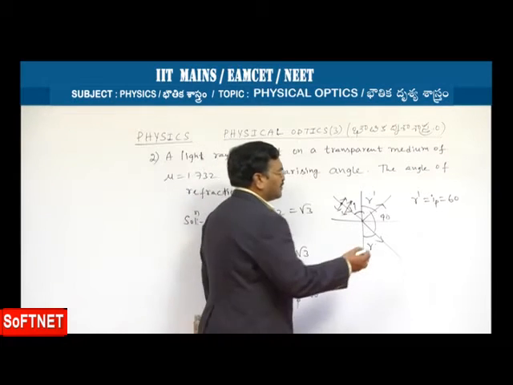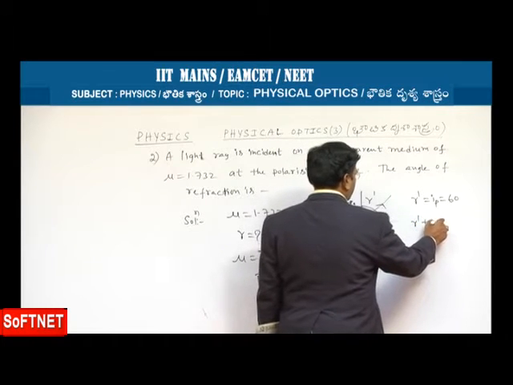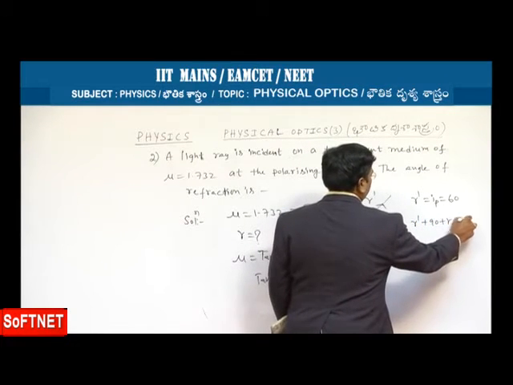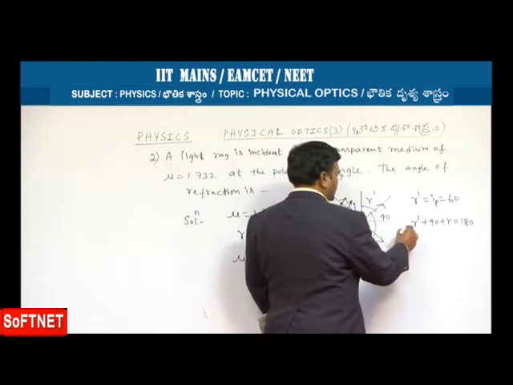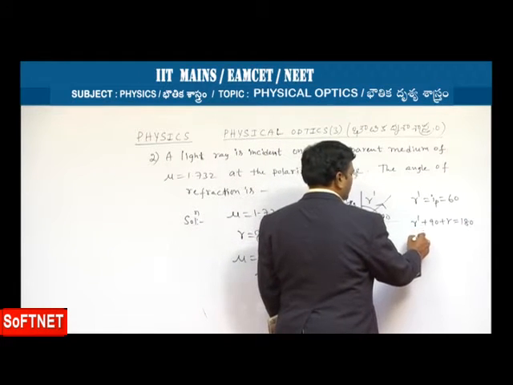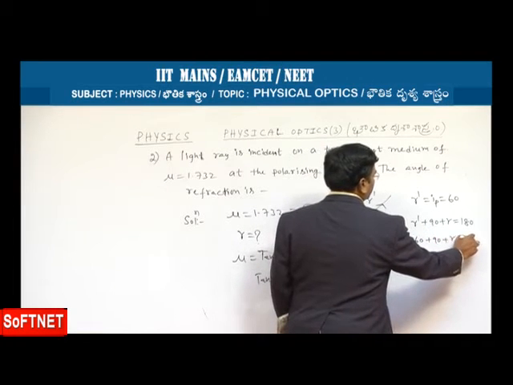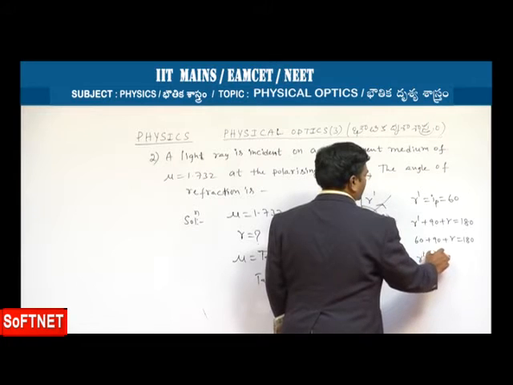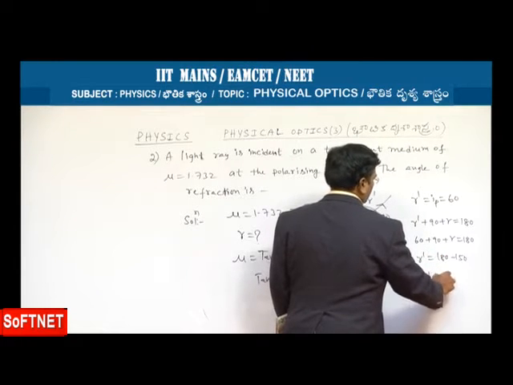So from the diagram we write R dash plus 90 plus R is equal to 180 degrees. R dash is 60 degrees, so 60 plus 90 plus R is equal to 180 degrees. From this, R is equal to 180 minus 150, which is 30 degrees.